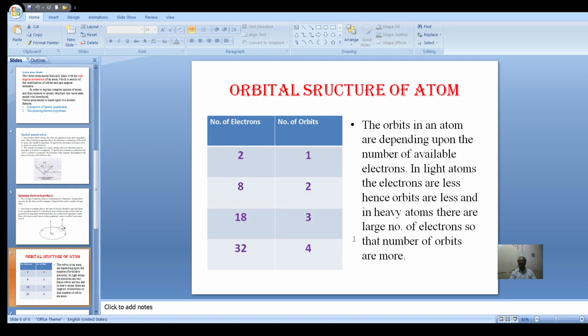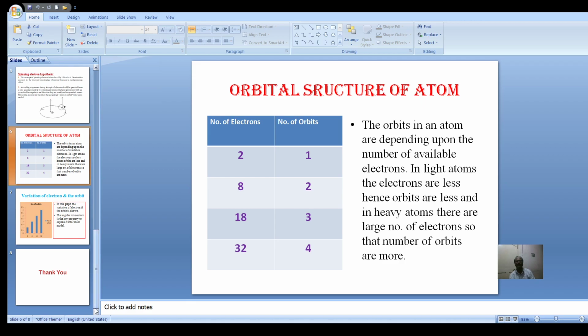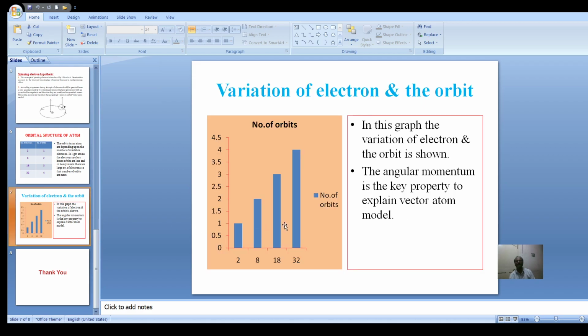The orbital structure of atom depends upon the number of electrons in the respective orbits. That is the basic part we already know. This variation of electron orbit and the electron can be observed as a background knowledge to you.